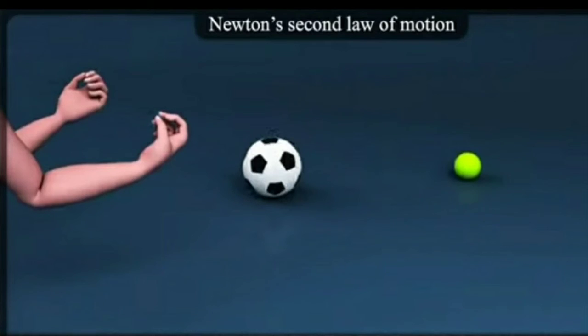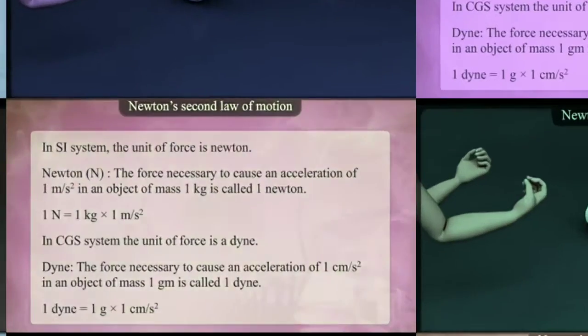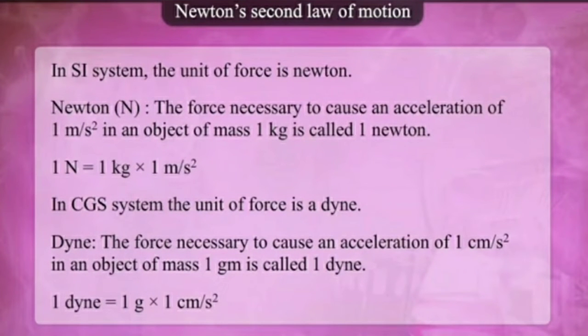In SI system, the unit of force is Newton. The force necessary to cause an acceleration of 1 meter per second square in an object of mass 1 kg is called 1 Newton. So we can write it as 1 Newton is equal to 1 kg into 1 meter per second square.